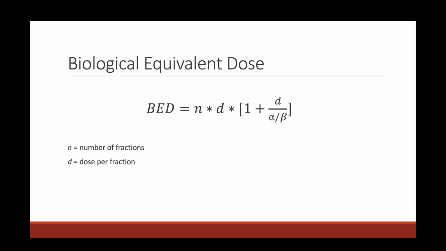So the BED is calculated by multiplying the number of fractions times the dose per fraction times this thing in the parentheses, which is 1 plus the dose per fraction divided by the alpha-beta ratio. Now, you don't need to memorize this formula unless you're getting ready to take the RadBio board exams, as I am this year. But what you should realize is that when we think about the biological equivalent dose, a lot of things are playing into that.